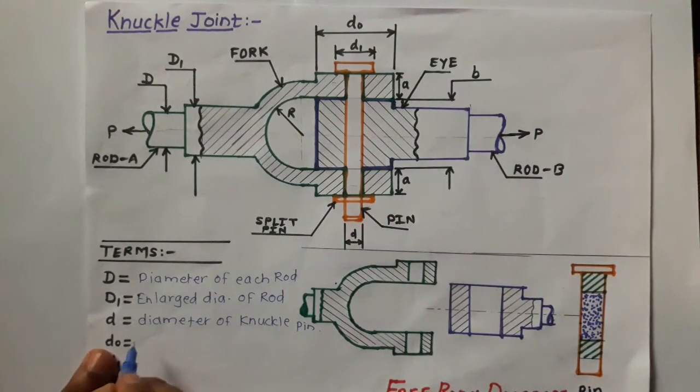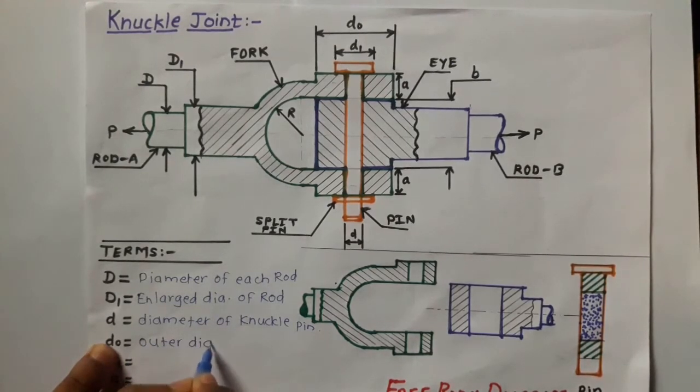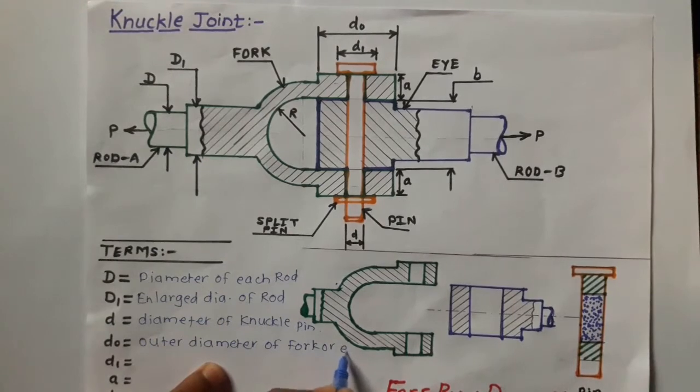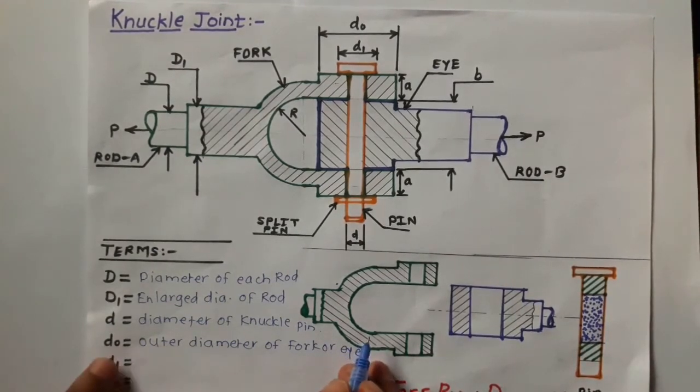So we can write here do as the outer diameter of fork or eye.